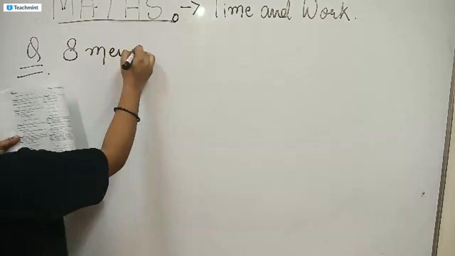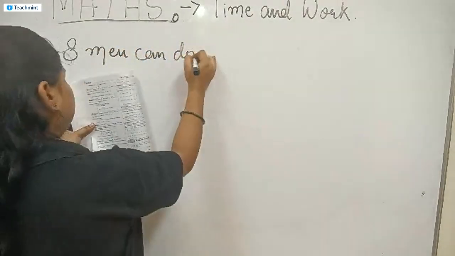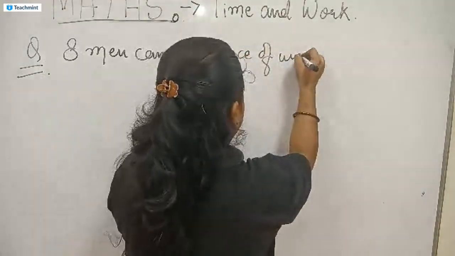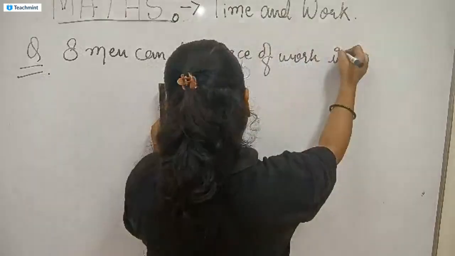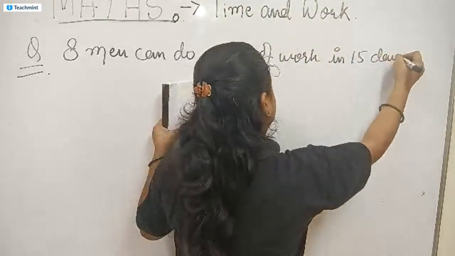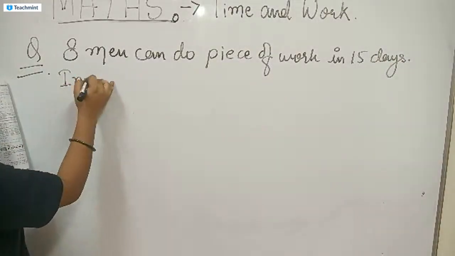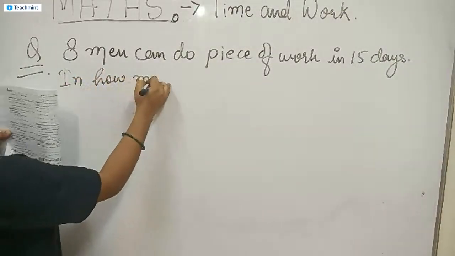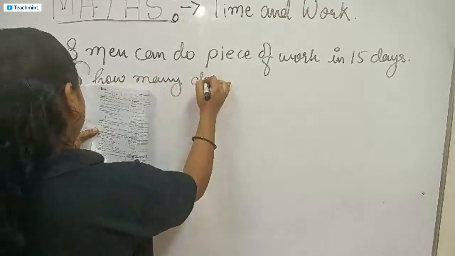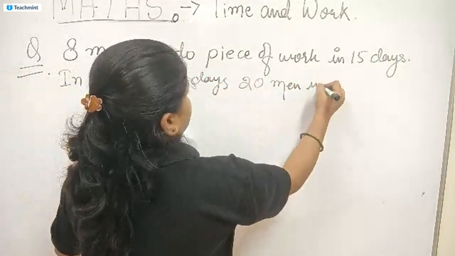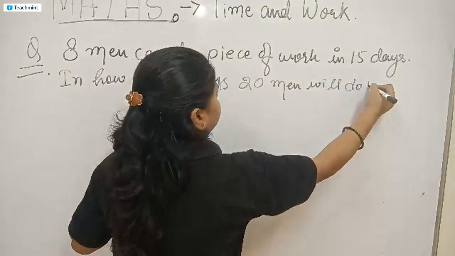Eight men can do a piece of work in 15 days. In how many days will 20 men do that work?